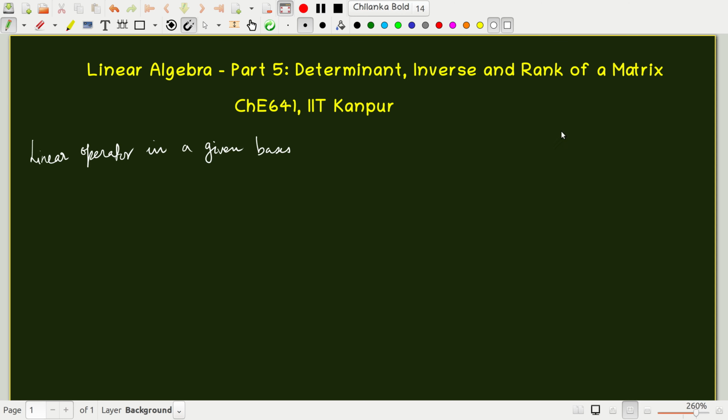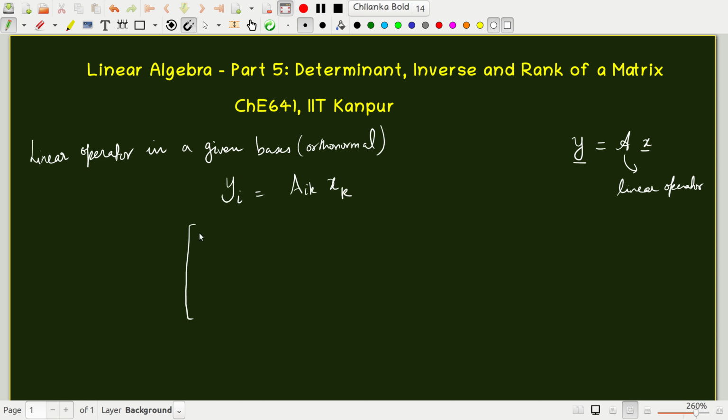If I take a linear transformation y equals Ax, where A is a linear operator, and you represent this in a given orthonormal basis, then we got something like y_i is a_ik x_k. So if you write in conventional notation, you can write y as a column vector, up to n. I'm assuming the space to be n dimensional.